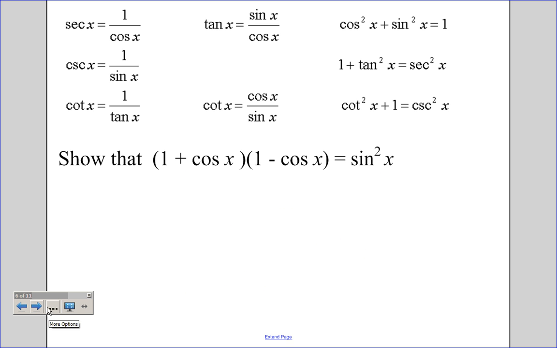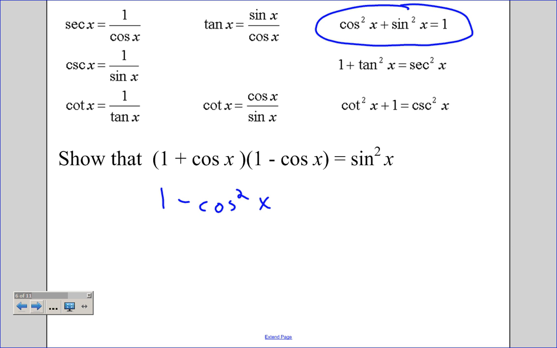Now, try this one on your own. Work with this left side and see if you can turn it into what's on the right-hand side. Now what we do is this would be 1. This would be a cosine x minus cosine x, which would cancel out. And then that would be minus cosine squared x, 1 minus cosine squared x. Let's look at the Pythagorean identity right up here.